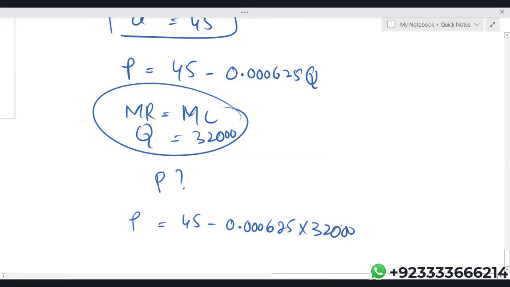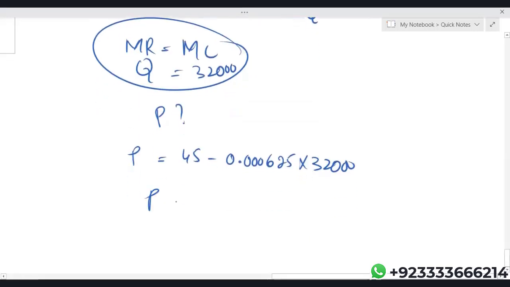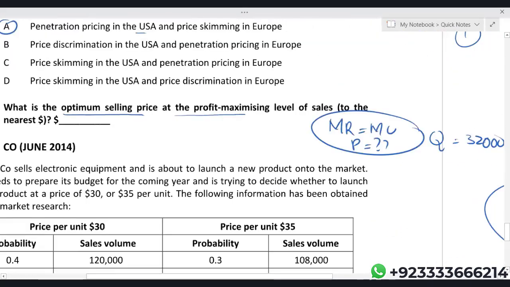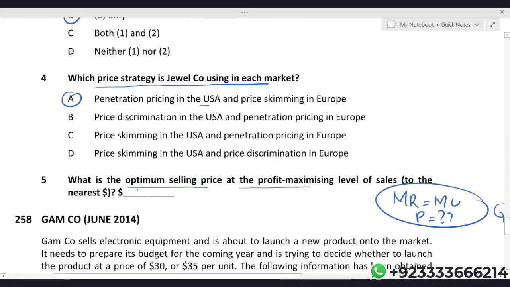Let me use the calculator. I'm getting P is equal to 45 minus 20. So simply, the maximum price is going to be 25.